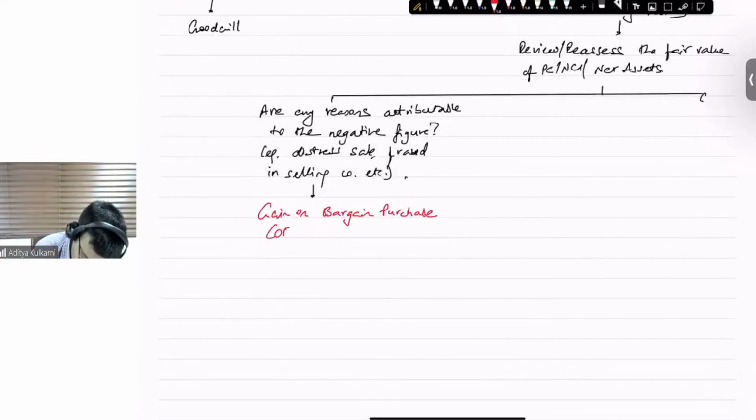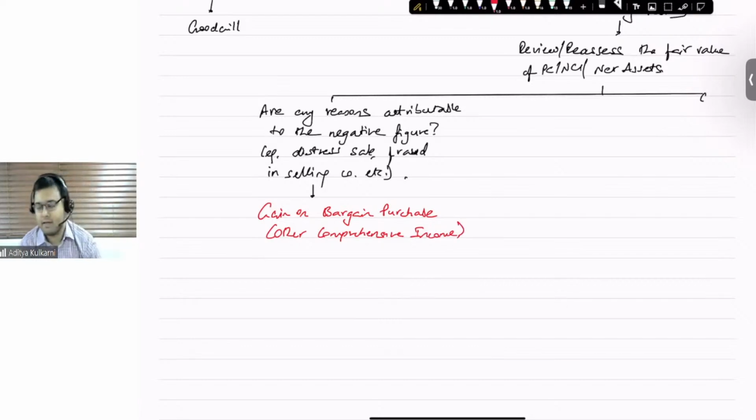And where are you going to show it? Other comprehensive income. And from there, it will ultimately flow to capital reserve. Under IFRS 3, this would go to profit and loss.